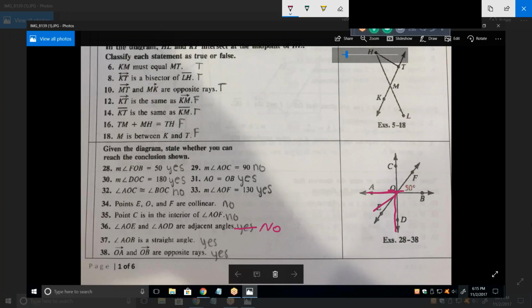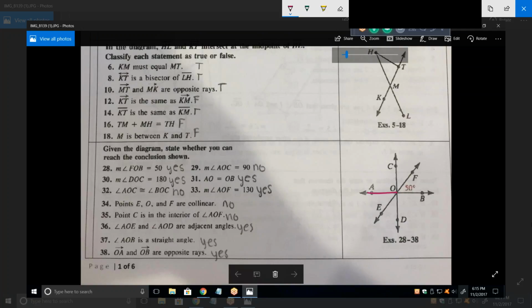I erased all the changed answers. Okay, just tell me which angles are adjacent in that area. EOD is adjacent to AOE, yes.